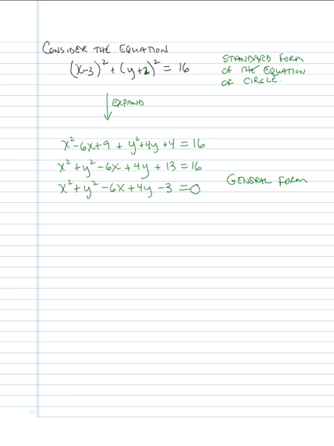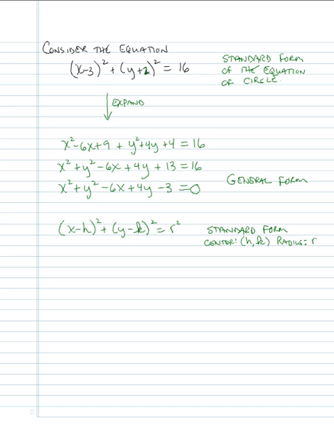Now, in more general terms, we know that x minus h the quantity squared plus y minus k the quantity squared equals r squared is the standard form. And once again, it's useful because we can read the center right from the equation. It's h comma k, and we can read the radius right from the equation, and it's the value r.